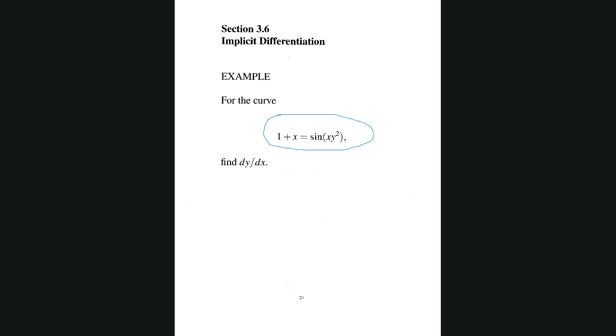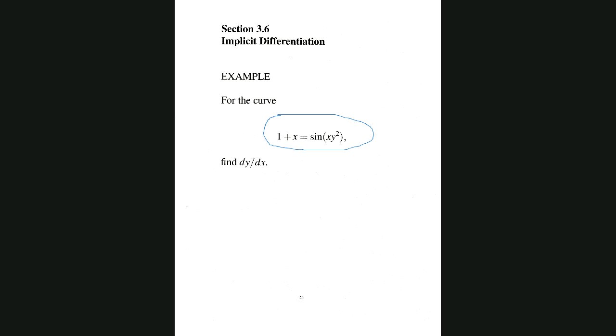If we wanted to isolate the y, we'd have to take the arcsine of both sides and then divide by x, and there'll be a square root involved. Then we have to take the square root of y squared, and then we got the plus or minus to worry about. Man, it's going to be messy solving that for y.